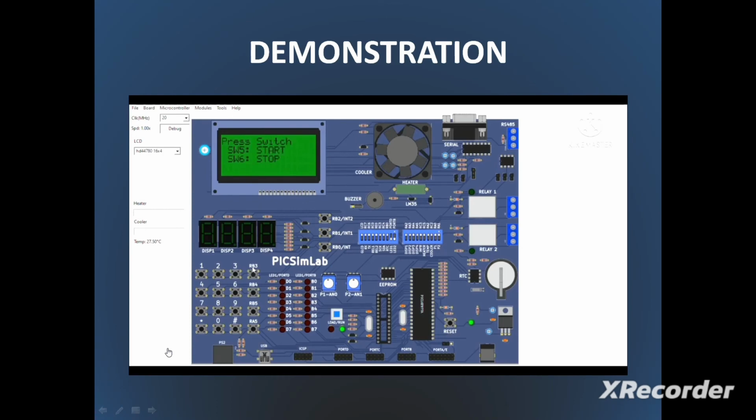Now I will get the interface of start and stop. If I want to start the washing machine, I have to press the switch RB4, the key 5. Otherwise, to stop, I will press key 6.